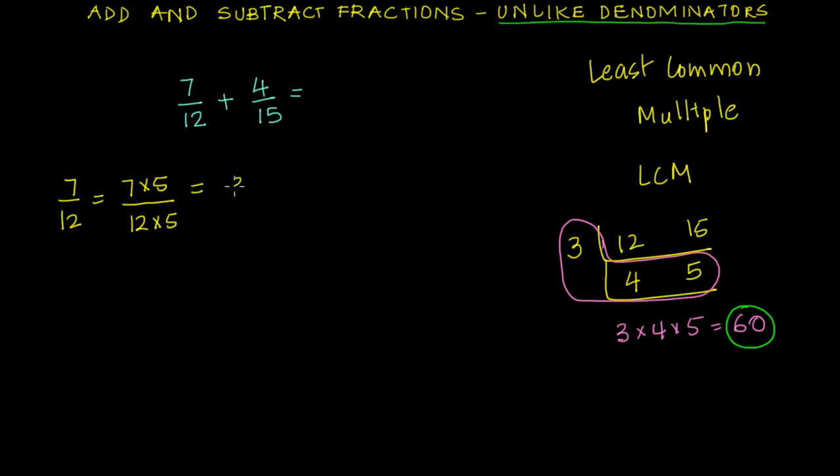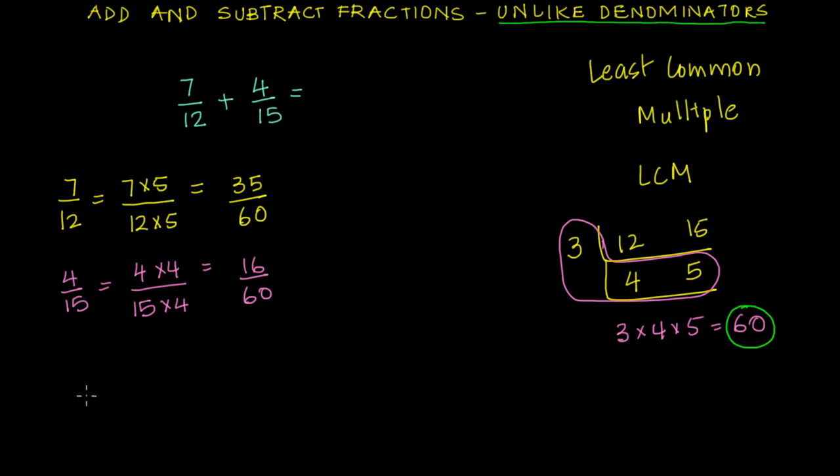And that is equal to 35/60ths. And 4/15, again we want our denominator to be 60, which we can get by multiplying by 4. And I'll also multiply the numerator by 4, and that is equal to 16/60ths.